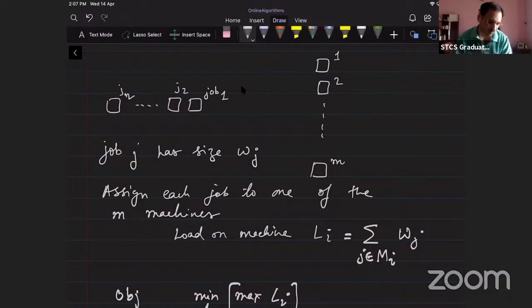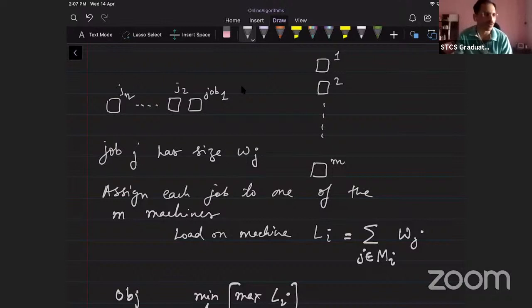So what can go wrong for such an algorithm? One machine gets much bigger load compared to others. That's not possible, right? Because each time a job arrives, you're assigning it to the least loaded machine.